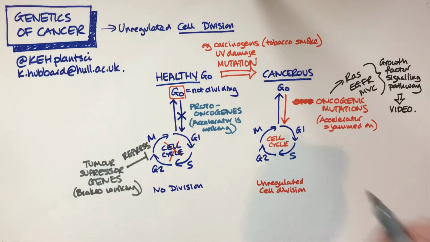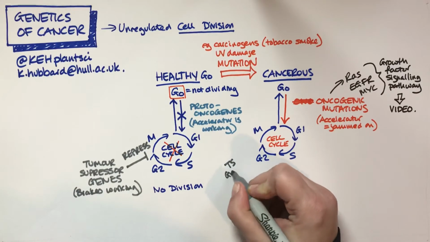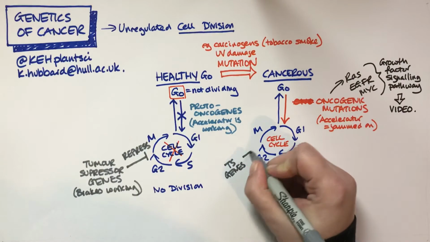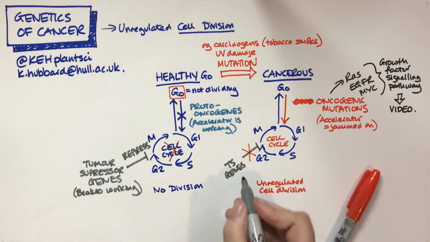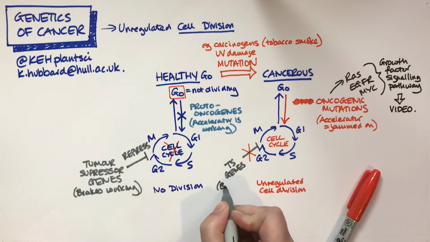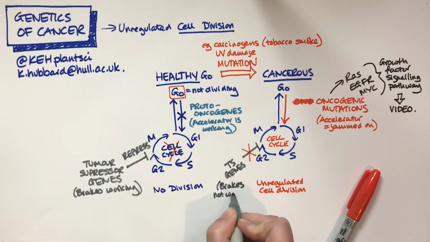But in the cancerous state, those tumour suppressor genes that would normally be repressing get mutated too. That's the equivalent of your brakes not working.